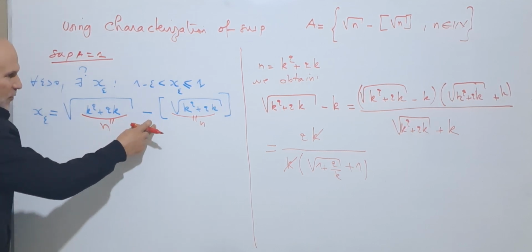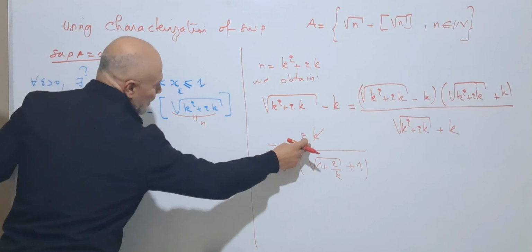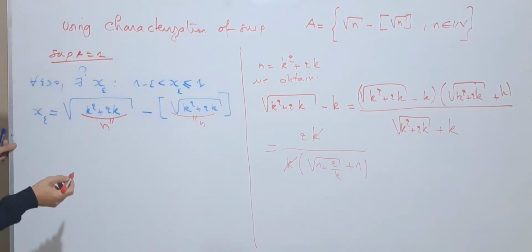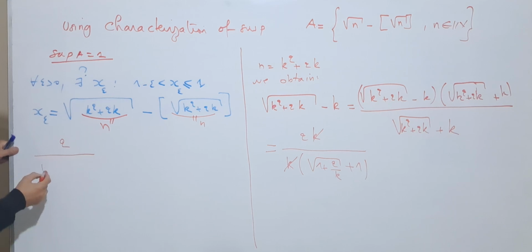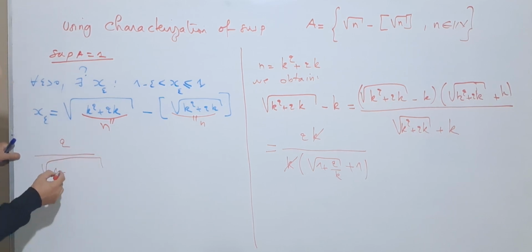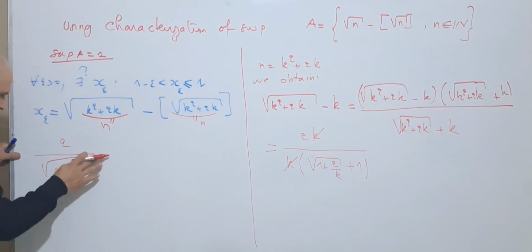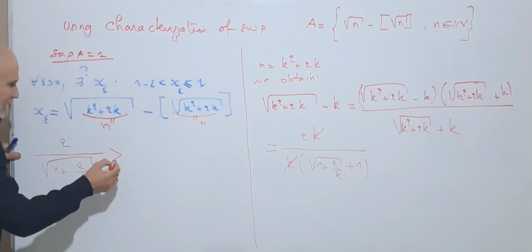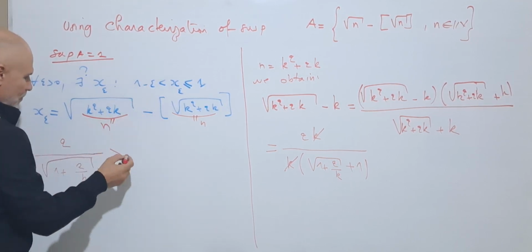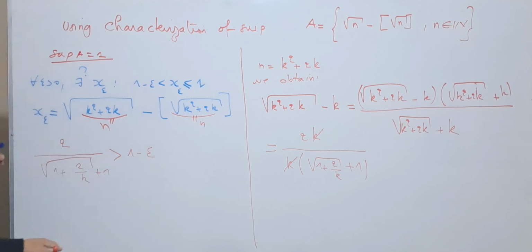This formula yields 2 over the square root of 1 plus 2 over k plus 1 greater than 1 minus epsilon. Can we find k such that this is true for any epsilon?